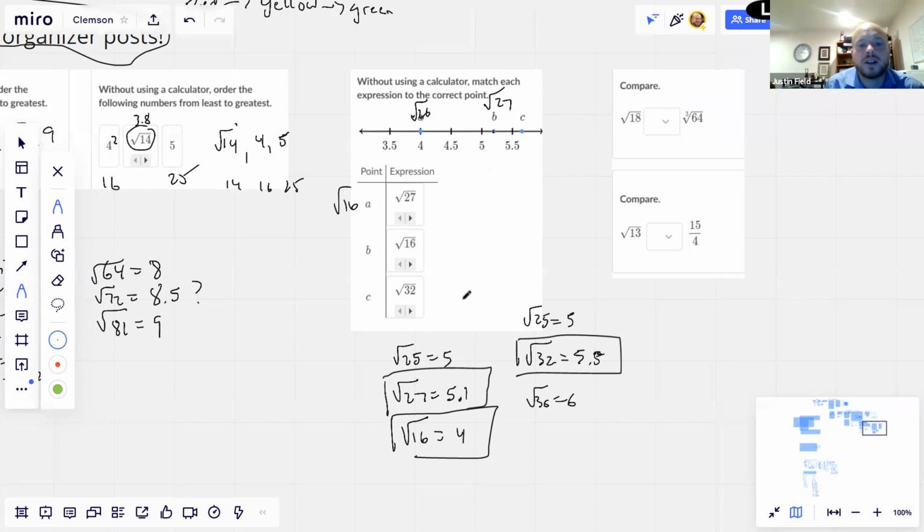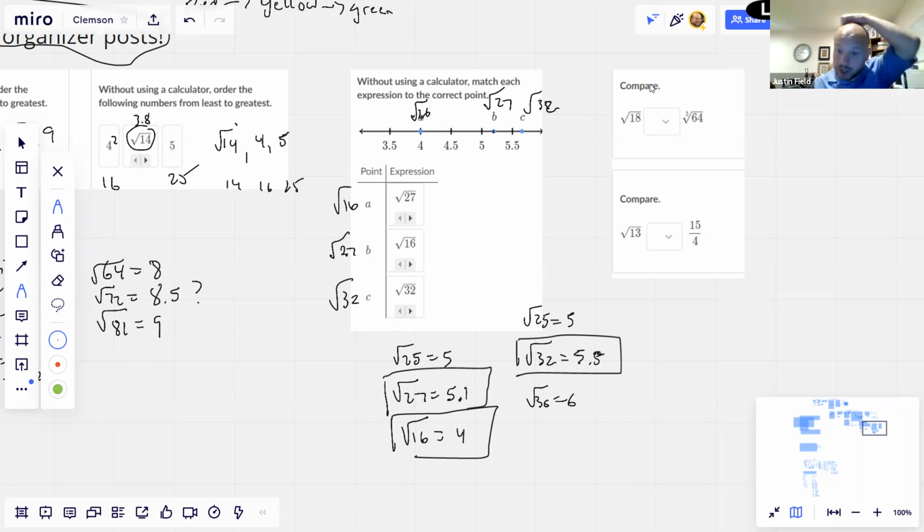Okay, so B is root 27. And then greater than 5.5, the biggest one, so that is C, square root of 32. All right, so using some approximations, but we can reason out which one is which, like a little puzzle, right?